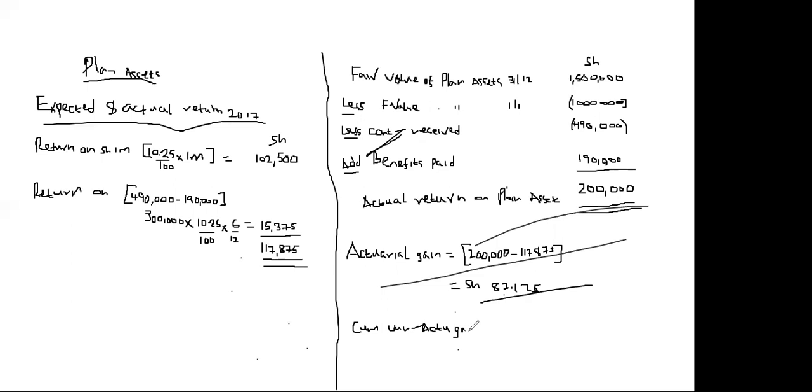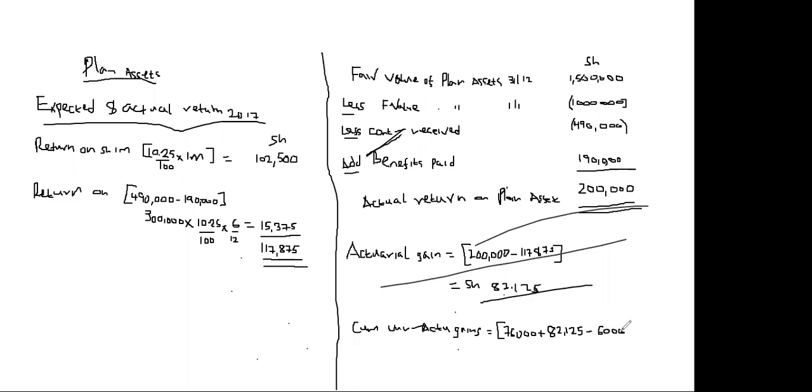So this will get by taking the 76,000, which is the gains as at 1st January 2017, plus the gains that we found during the year, which is 82,125, less the losses at the end of the year, which were 6,000.